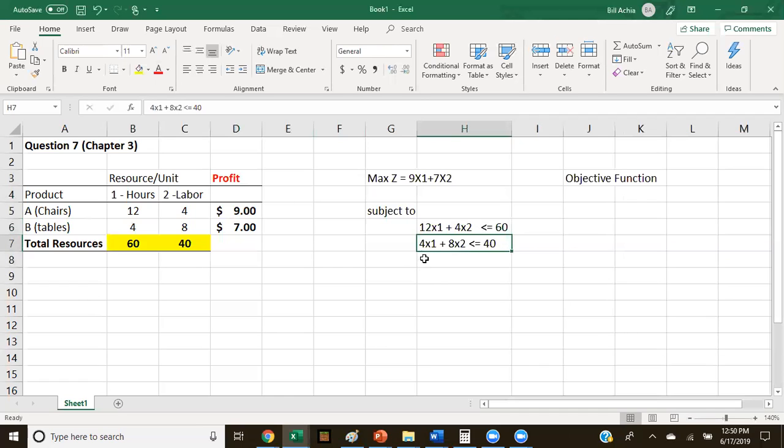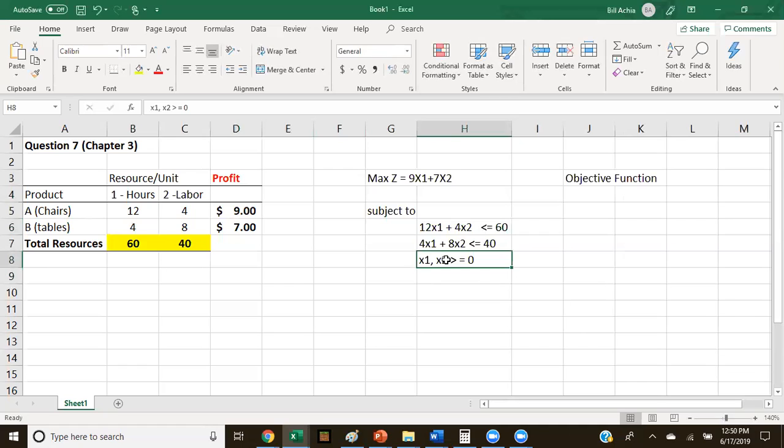Okay, the last constraint that we have is called our non negativity constraint, and I'll write it down and explain it. x2 greater than or equals to 0. What this tells me is that basically we cannot have a negative variable. We don't have negative hours available to us. We don't have negative laborers.